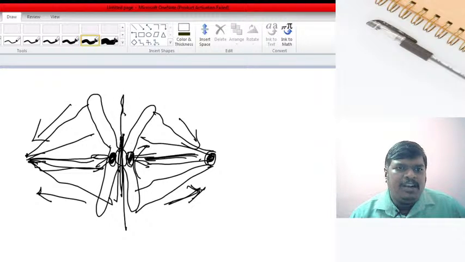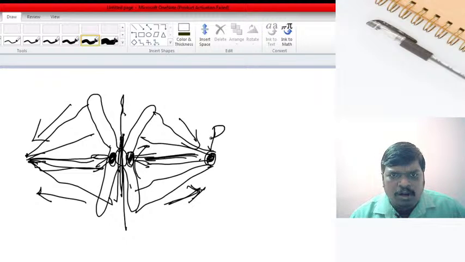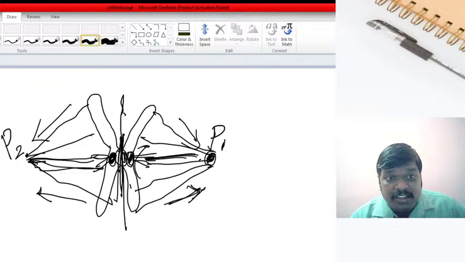So what will happen? On this side you can see this chromatid will move to this pole. This is one pole, P1. I'm marking the other as P2. From here the centromere divides, and the kinetochore, the centromere, and the chromatid all move towards this side.